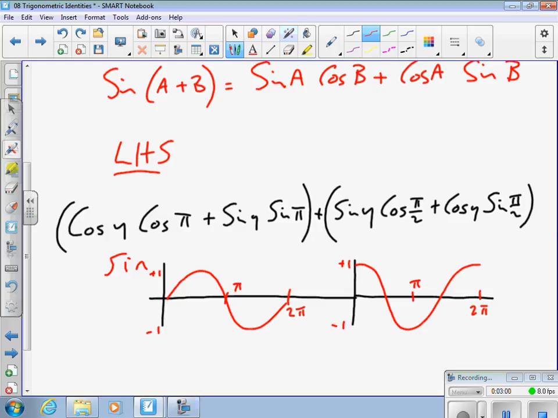So the amplitudes go between plus 1 and minus 1. So without even using the calculator, I know the cosine of pi is minus 1. So whenever I've got cosine of pi in here, I can write that's minus 1.